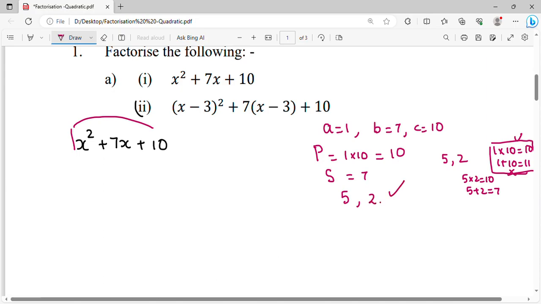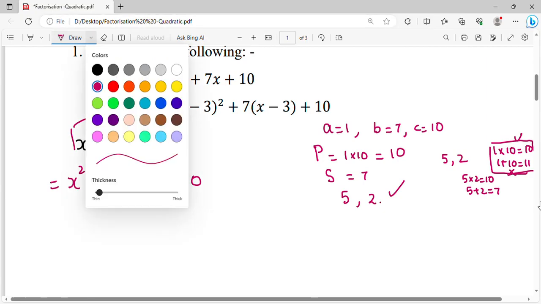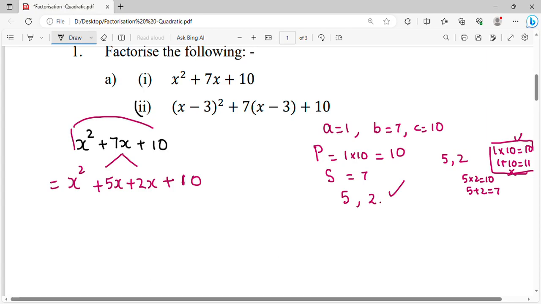Okay, so after this job is done, what I'm going to do is write the first term x squared, and this 7x I'm going to break up as 5x plus 2x plus 10. So this is a very important strategy. And once you do this, you can group factorize this, which is x multiplied by x plus 5, plus 2 multiplied by x plus 5.